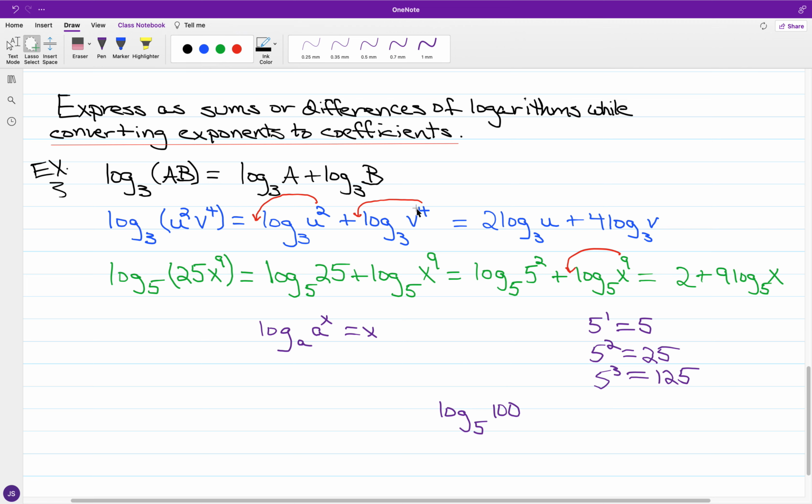So for the base 5 logarithm of 100, because 100 is a multiple of 5, but it's not an integer power of 5, the base 5 logarithm of 100 in exact terms cannot be reduced.